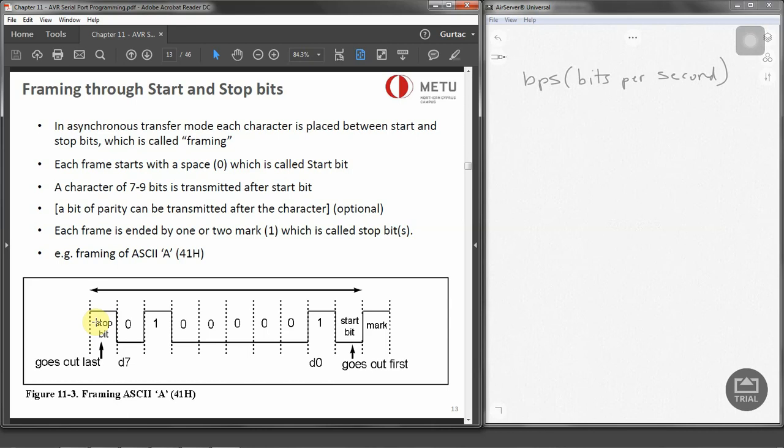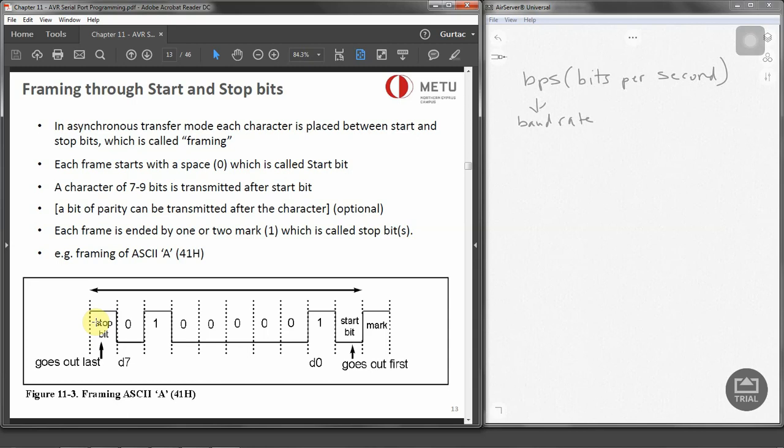And another widely used terminology for BPS is the baud rate. However, the baud and the bit per second are not necessarily equal. This is because the baud rate is the modem terminology and is defined as the number of signal changes per second.